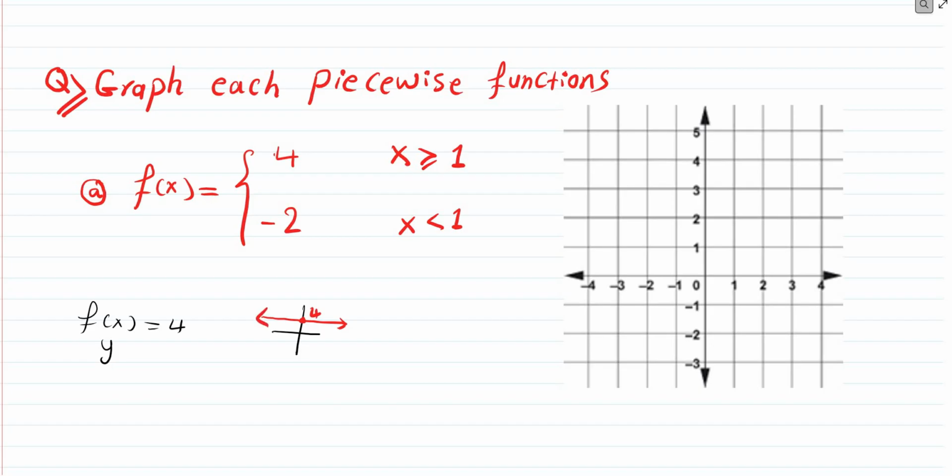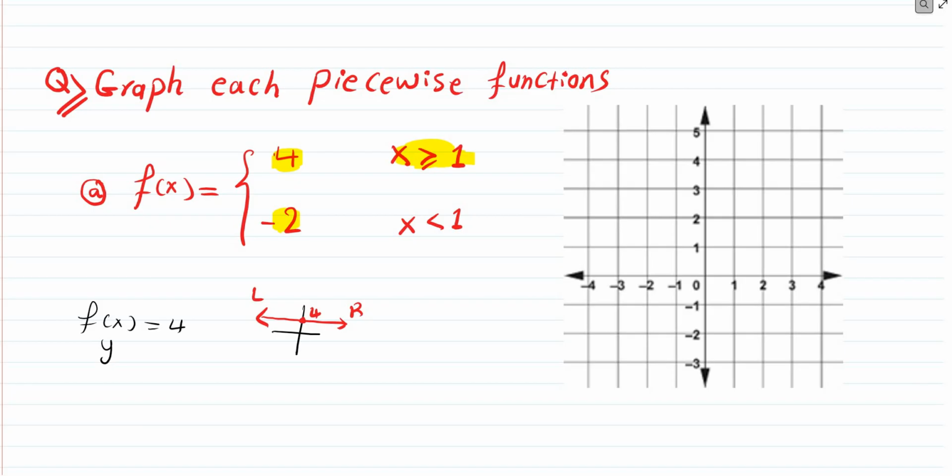This line can be extended all the way to the right and left, because the domain is all real numbers. But in piecewise functions, since you have a condition here, you cannot extend this line to the right and left. It should satisfy this condition, which is x greater than 1. Only when x is greater than 1, the value is 4. For x less than 1 it is something else, not 4.